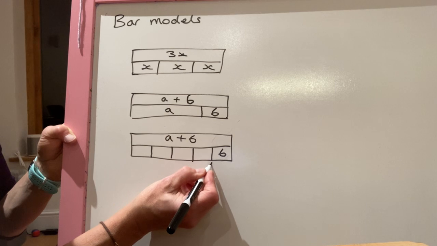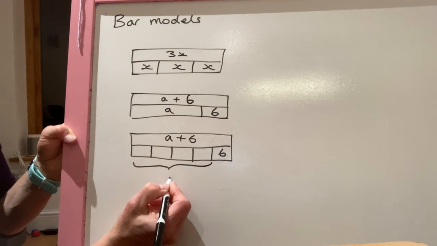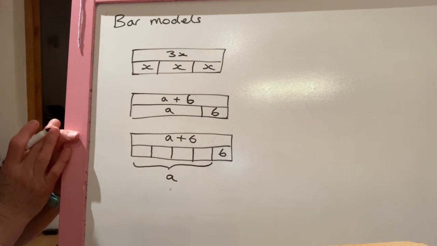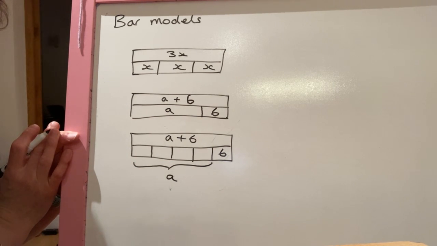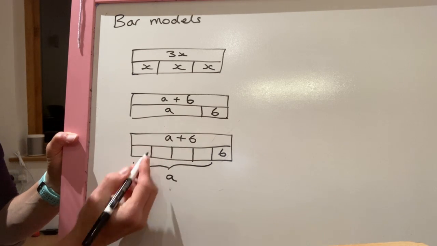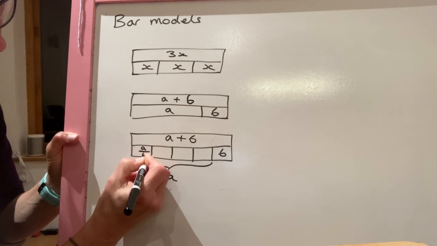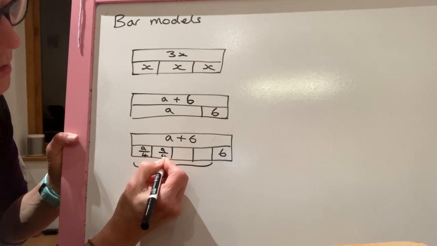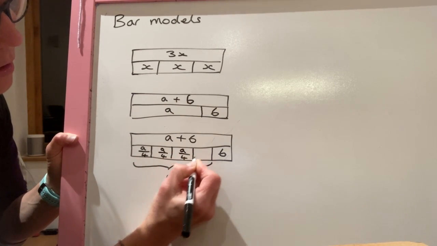You know that this here is A. So how would you write each of these pieces? Think back to how we talked about using fraction notation. We've got that A and it's split into 4. Is that how you would do it? Yes, so each of these would be A divided by 4.